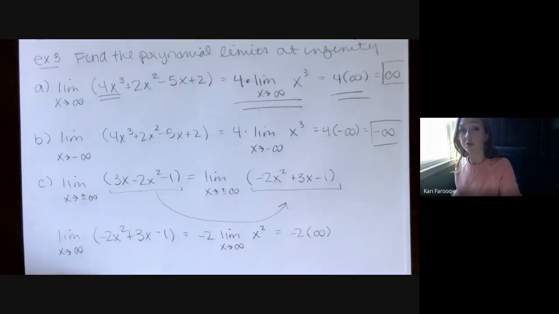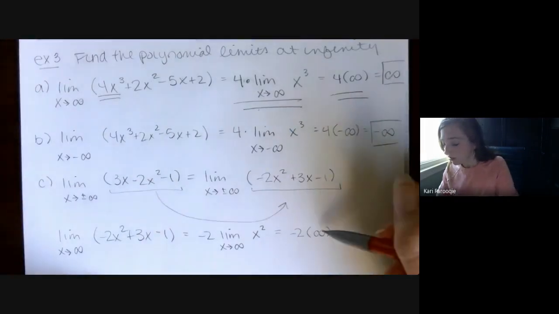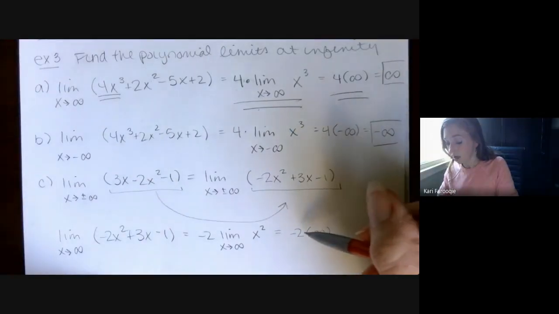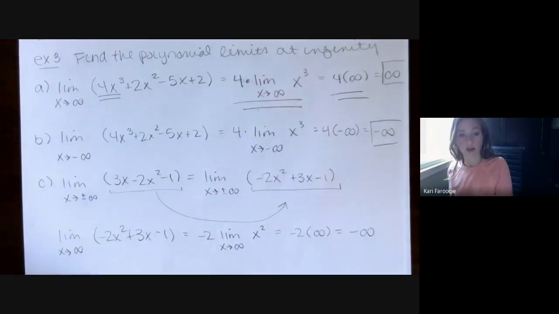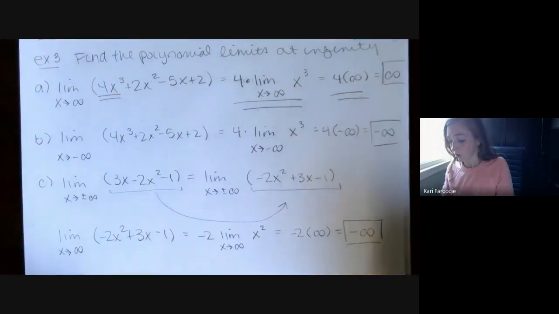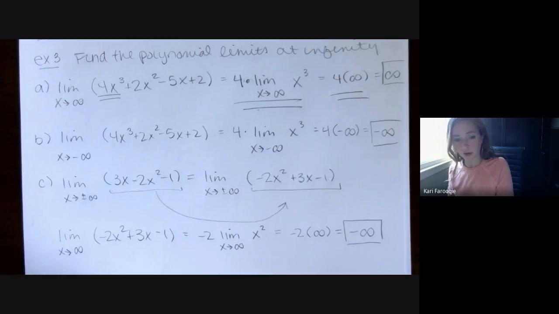So the rules that you know for multiplying a negative by a positive and a negative by a negative still stand. So positive infinity multiplied by negative 2 is actually going to be negative infinity. And again, you can verify this by graphing it on your calculator.